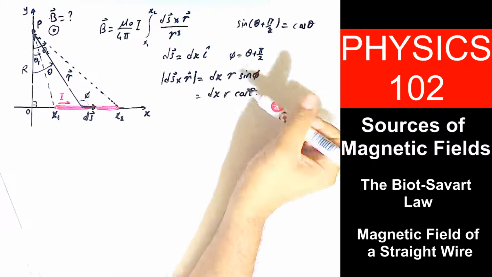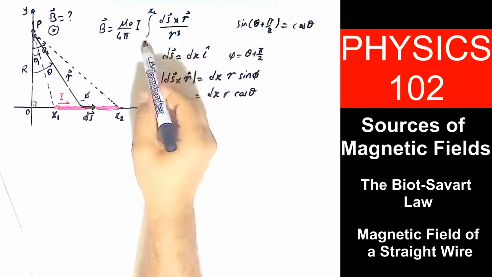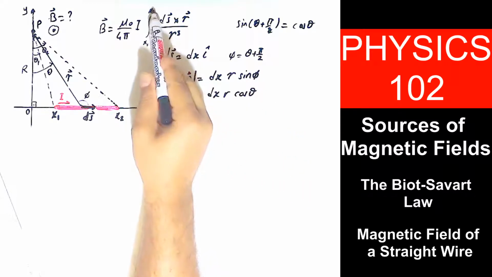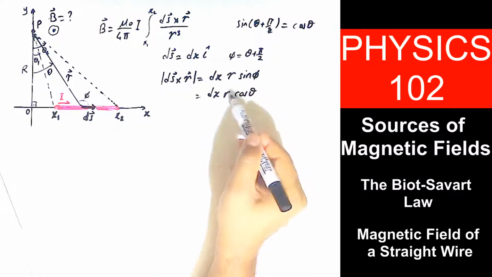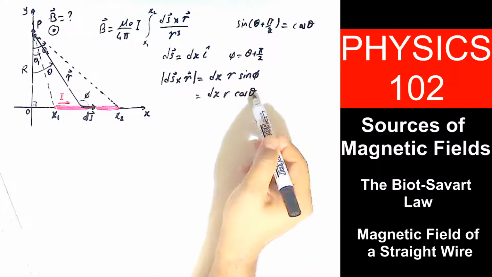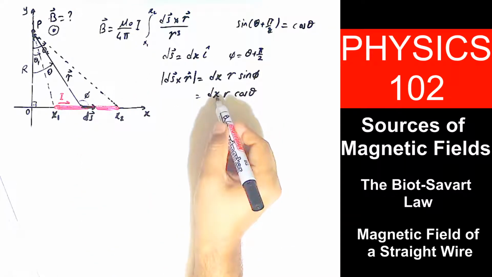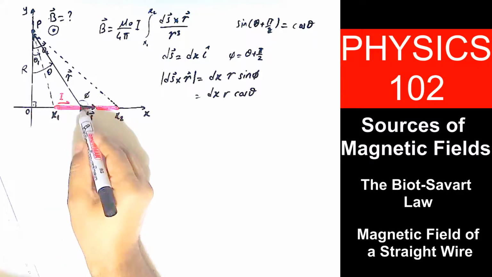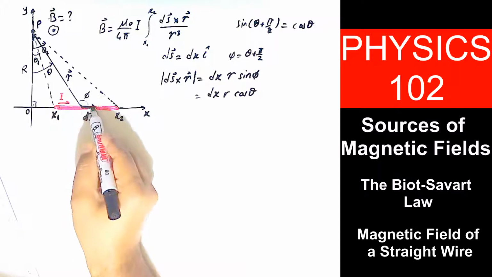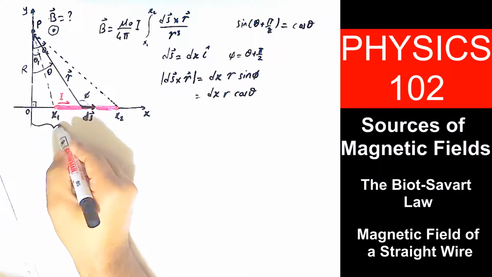But if you look carefully at these variables, when you go from point x1 to x2, all of these are changing. x is changing. Well, what is x over here? Since we are taking this dx, x is nothing but the position of the tail of the ds vector relative to the origin.